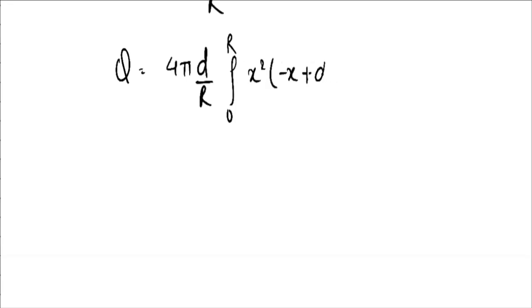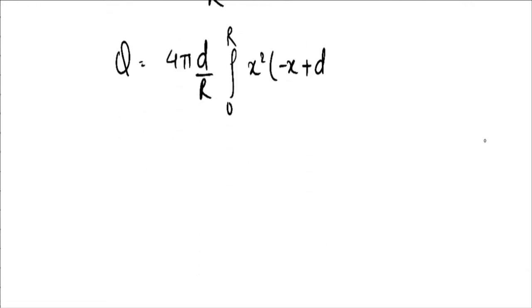So putting this in the above equation, we get Q equals 4 pi D by R, integration from 0 to R, x square into minus x plus R, dx.